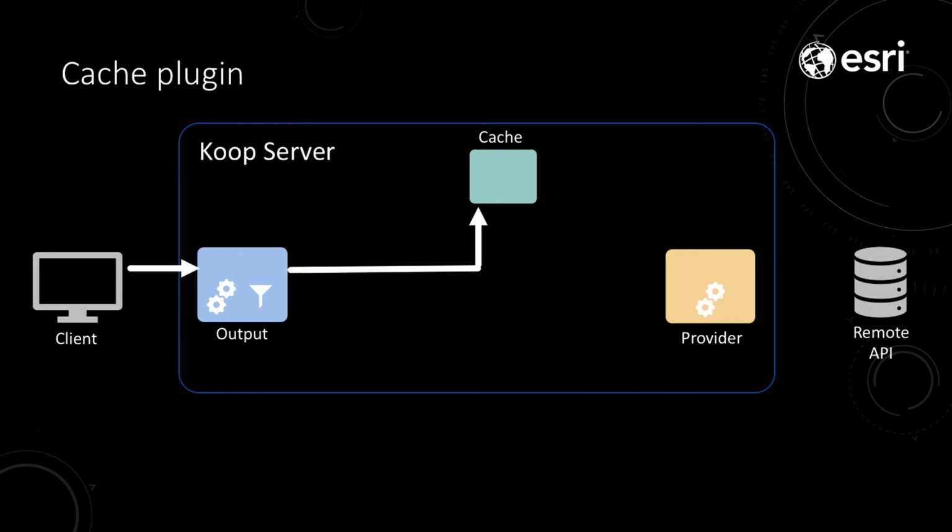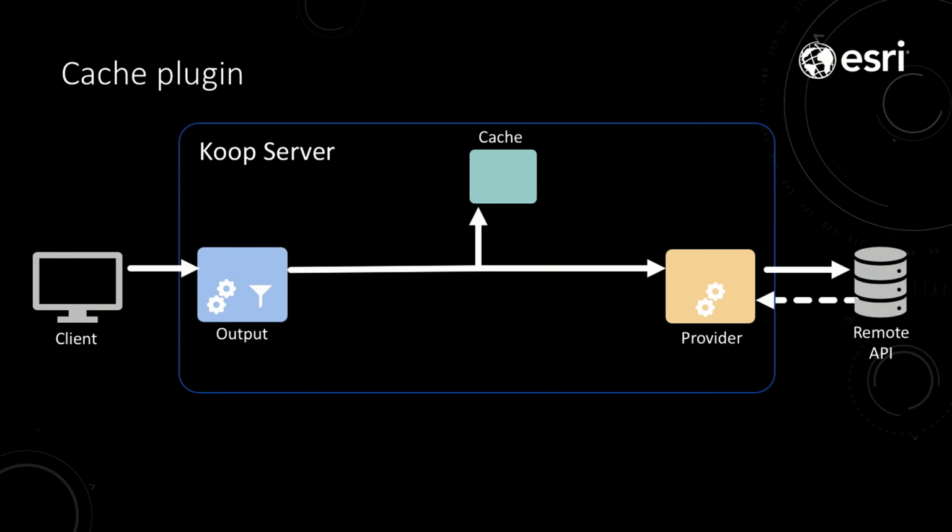So if you install the cache plugin in Koop, when you make that initial request, instead of going straight to the provider, it checks this cache to see if the data you're asking for has already been requested before and is waiting. The cache might be an in-memory cache, or it might be something more durable like Postgres. But in any case, it checks the cache, and if it's not there, then it proceeds to the provider, where it does the same thing that we just saw.